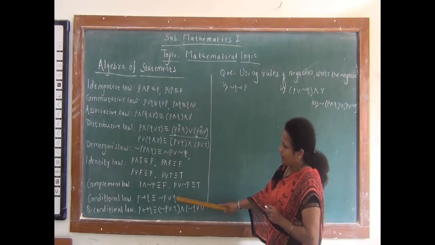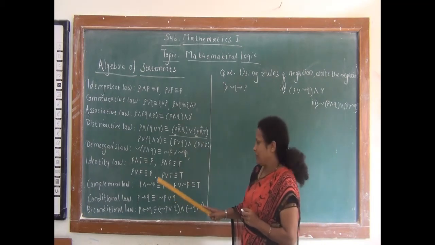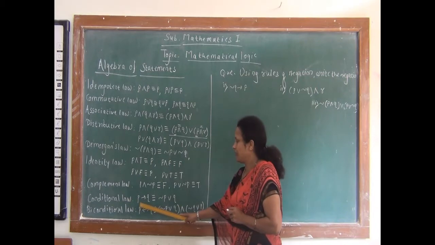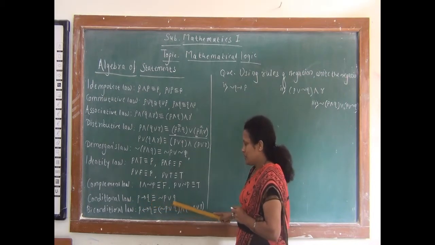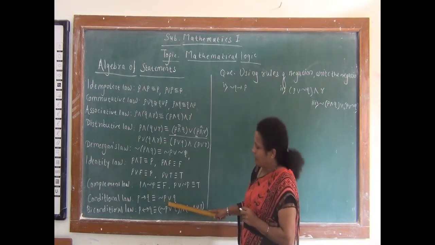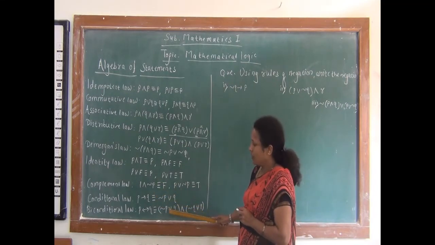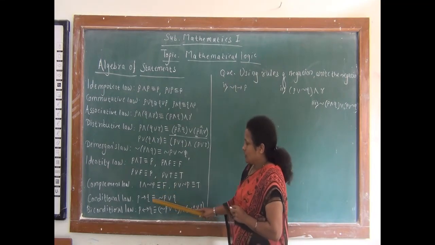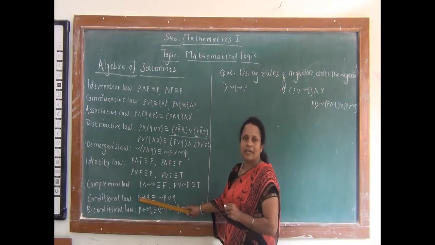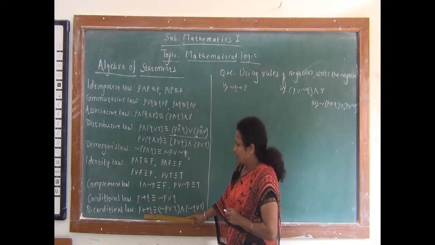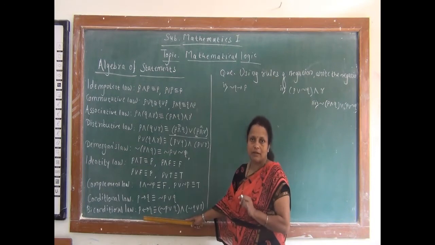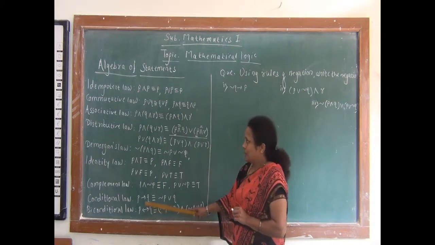So remember, here we write the equivalent statement of the conditional statement P implies Q. This is not the negation of the conditional. It is the equivalent statement of the conditional. So remember this for MCQ. This is the equivalent statement of the conditional, that is conditional law, and this is the equivalent statement of the biconditional, that is biconditional law.